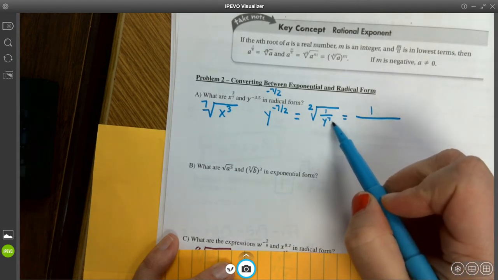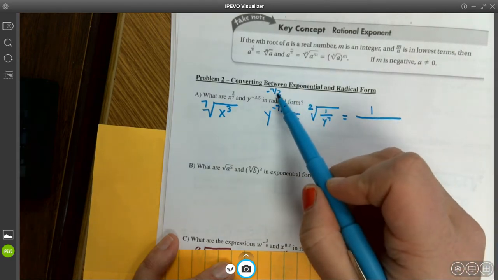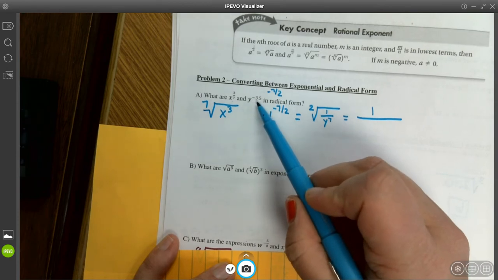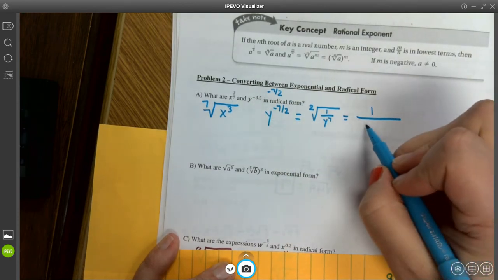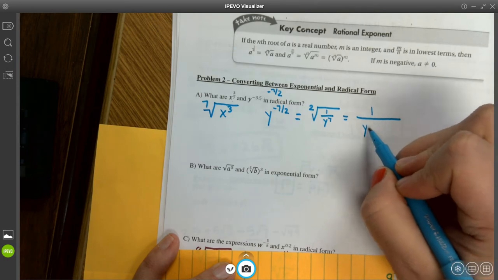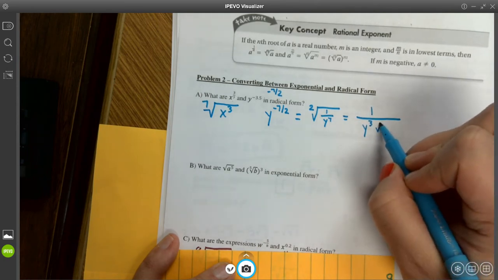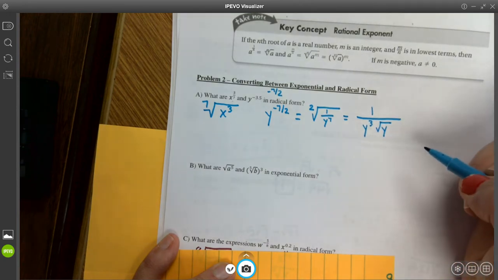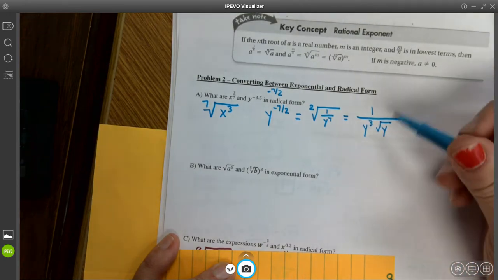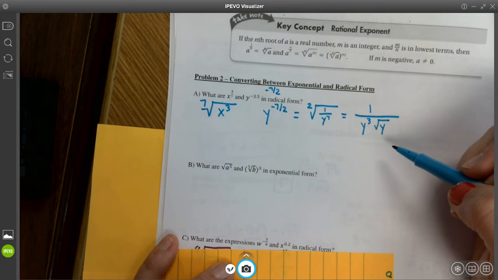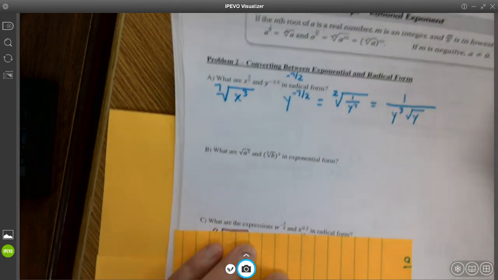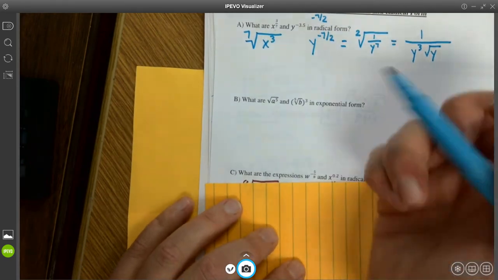I can rewrite this as y to the third, because there are 3 groups of 2, and 7, square root y. We could rationalize that, but we're not going to do that for this case.